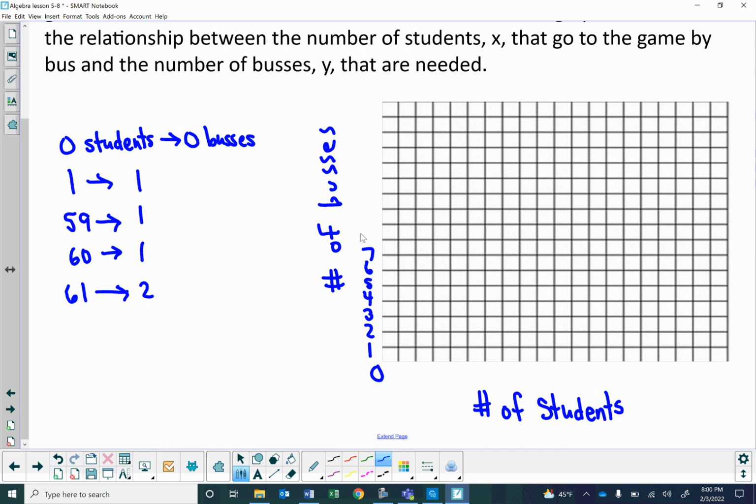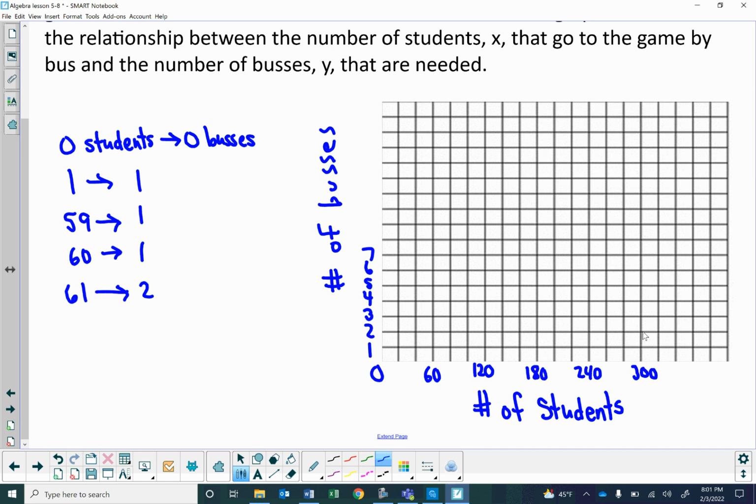I'm going to count by 20s here. 20, 40, 60, 80, 100, 120, 140, 160, 180, 200, 220, 240, 260, 280, 300. That's probably good enough. You'll get the idea from this.